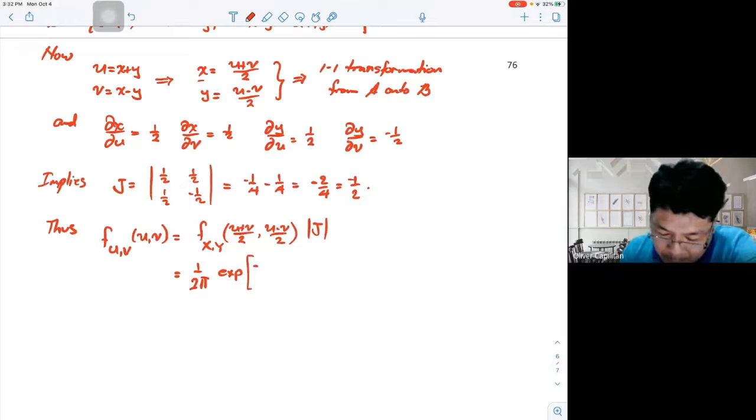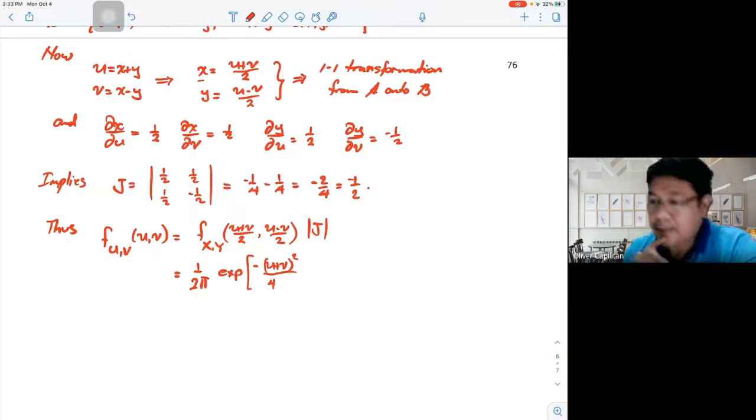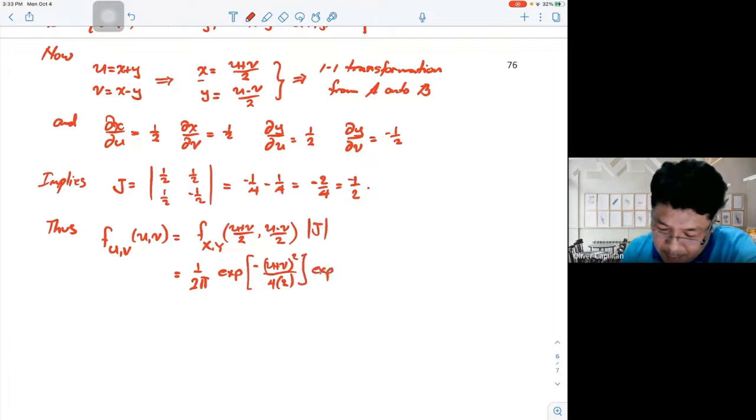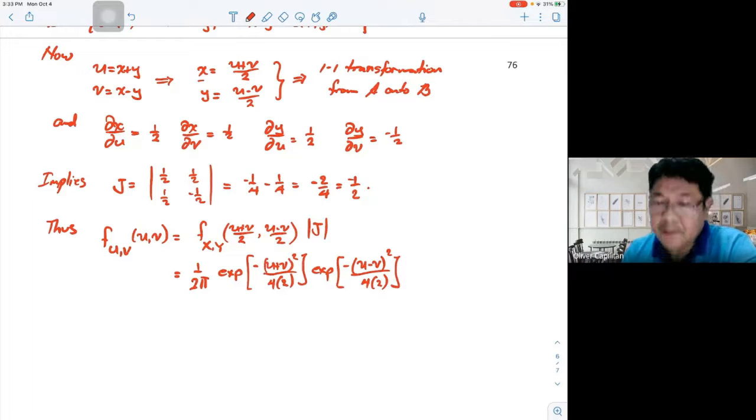So we have here (u plus v) quantity square, over 2 square, so we have 4, then times 2. And then we have the exponential function, the negative of (u minus v) quantity square, over 2 square, that is 4 times 2. And then the absolute value of the Jacobian of the transformation, we have here positive 1 half.